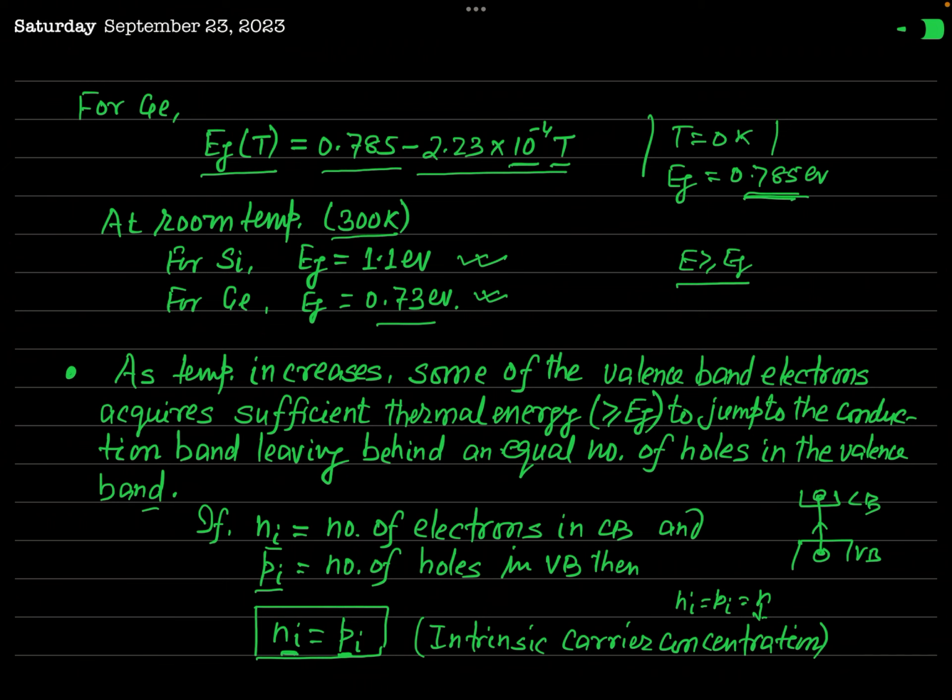So if Ni is the number of electrons in conduction band and Pi is the number of holes in valence band, then Ni is equal to Pi. And if you consider these as the number of electrons and holes in unit volume, then it is called concentration. This is actually called the intrinsic carrier concentration. So intrinsic carrier concentration of electrons and holes in case of a pure semiconductor is always equal.